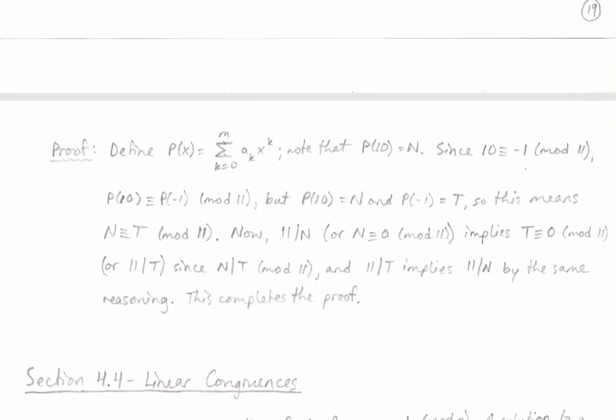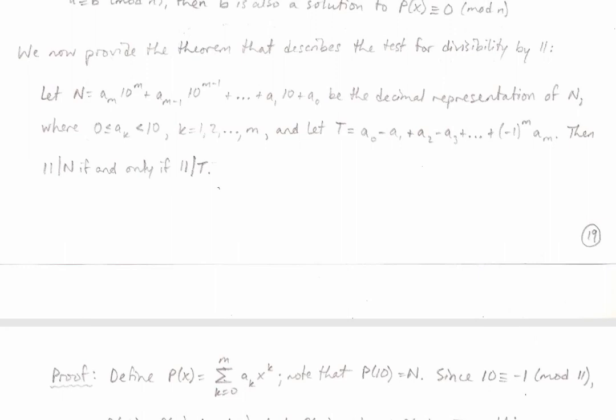So what this test is saying is, let's go with the number 1,347. We want to know, is this divisible by 11 or not? I'm going to start with the number in the ones place, 7. I'm going to then subtract the number in the tens place. Then I'll add the number in the hundreds place, and then I will subtract the number in the thousands place.